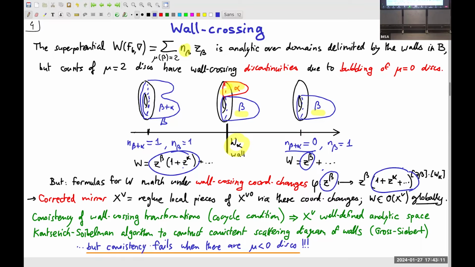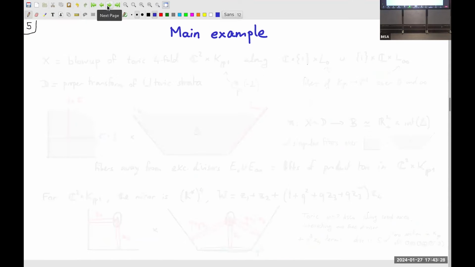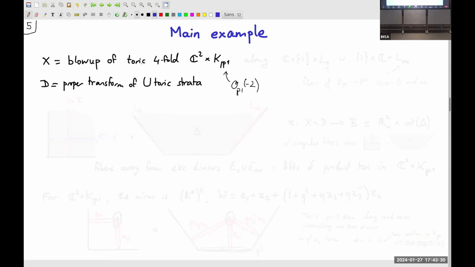And so the problem we have now is, I claim, consistency of the scattering diagram actually will fail if you have disks of negative Maslov index. To convince you that this happens, the main thing I will do today is walk through an example.